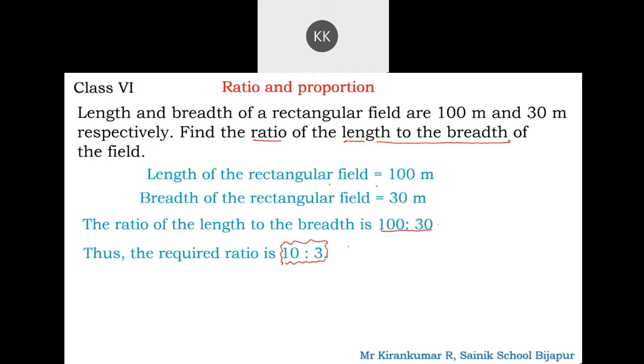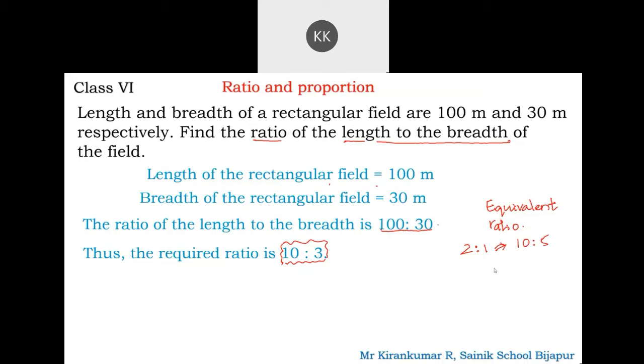What are these two types of ratios called? It starts with E. Equivalent. Very good. Equivalent ratio. So when I say 2 is to 1 is the ratio, is it the same as 10 is to 5?